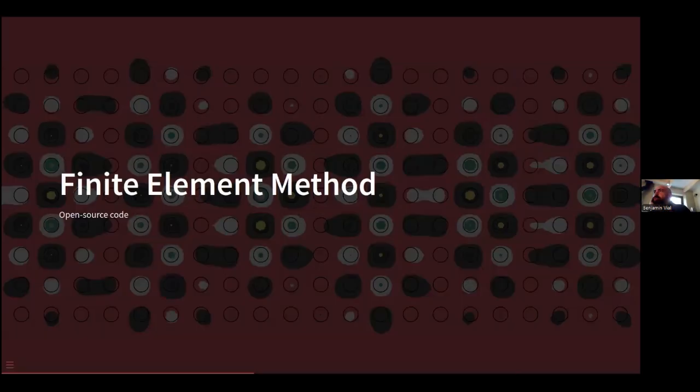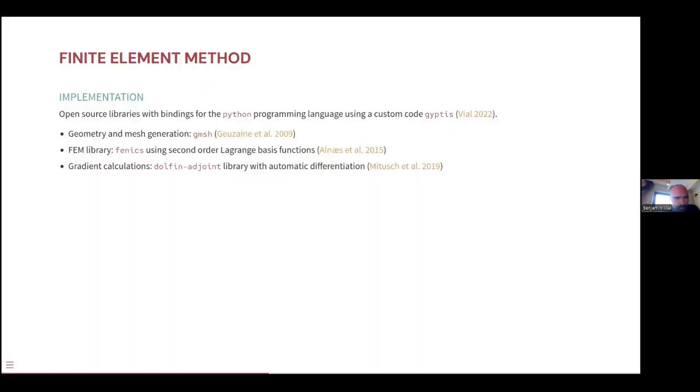So equipped with all of these tools, I've developed over the years some numerical codes that I'm now going to present to you a bit deeper. First of all, it's a finite element code, implemented with open source libraries for Python, in my code that is called gypsies. The geometry and mesh generation is done through Gmsh, which is probably the most popular mesh generator, developed by Christophe Geuzaine.